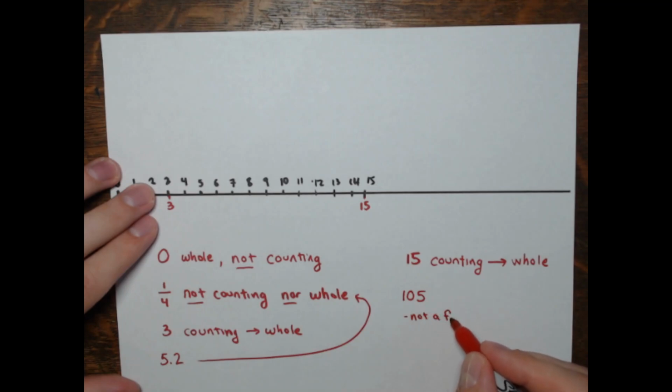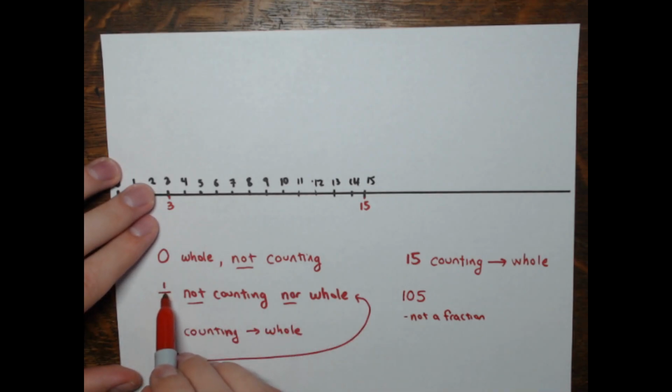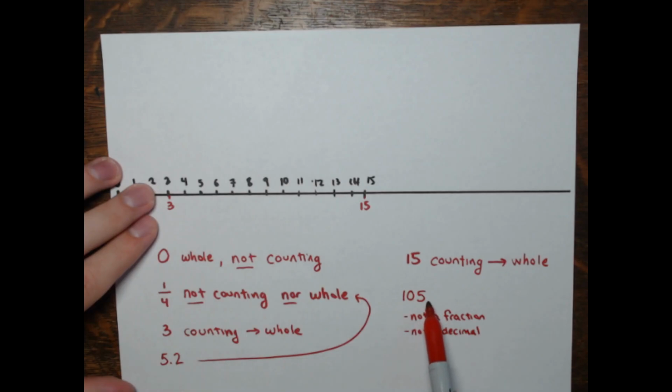Now I know we don't technically have fractions yet, but you probably have heard of a fraction before, like a number divided by another number like this. 1/4 is a fraction. 105 is not a fraction. It doesn't have a decimal part, right? It's like the 5.2. It doesn't have a point something.